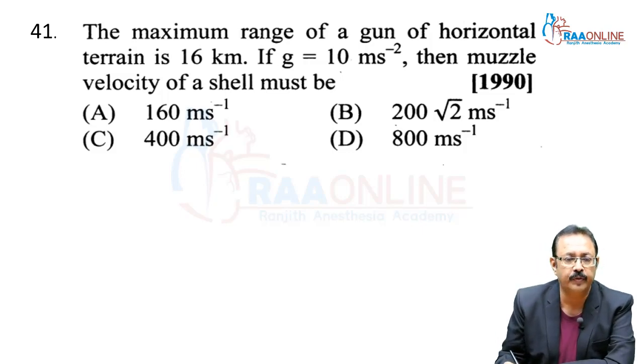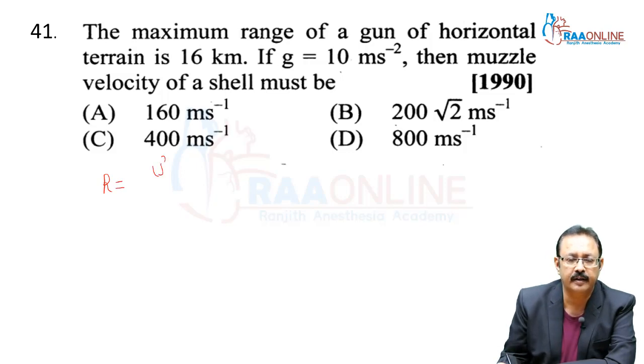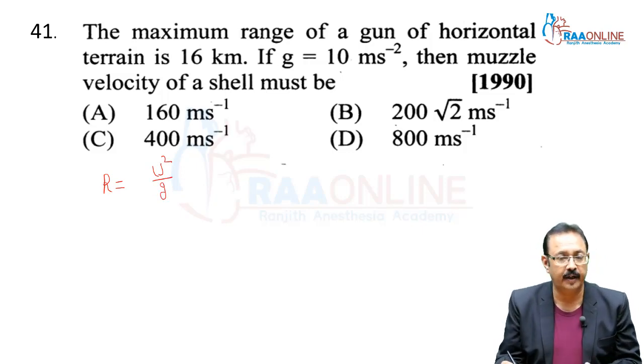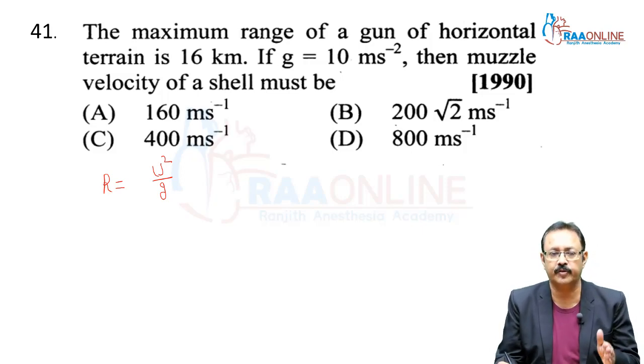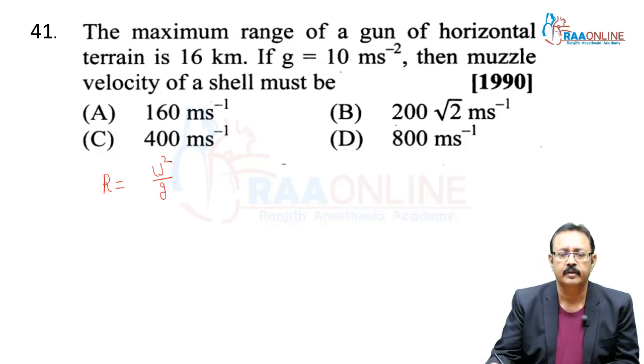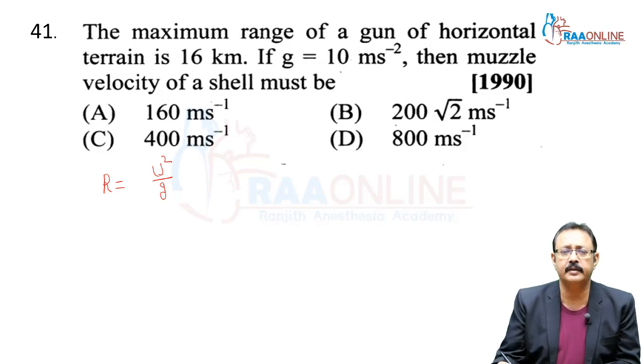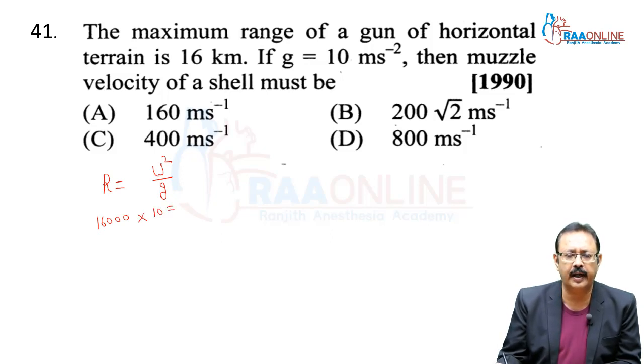I told you the formula for maximum range. It should be u square upon g. I told you in theory just before starting these problems. So in this problem, what things are given? R is 16 km, means 16,000 meter, into g, g is 10. So in SI units, we are getting u square.